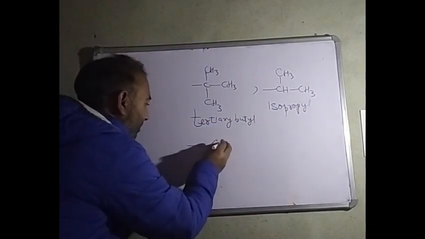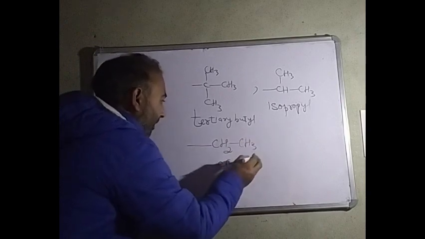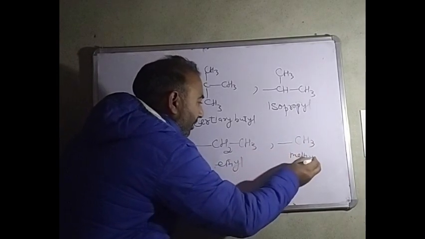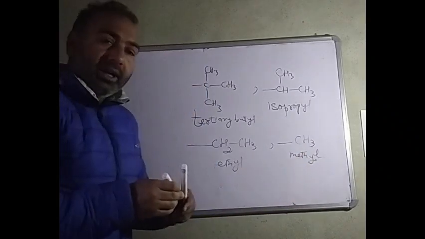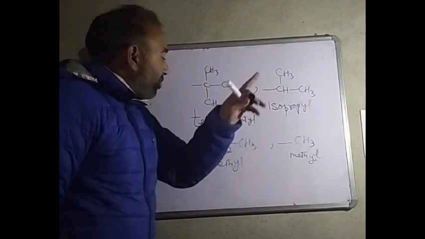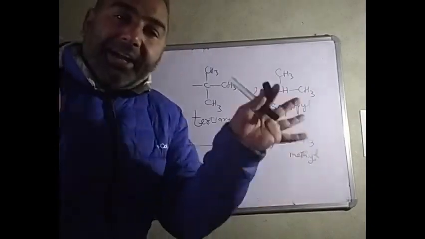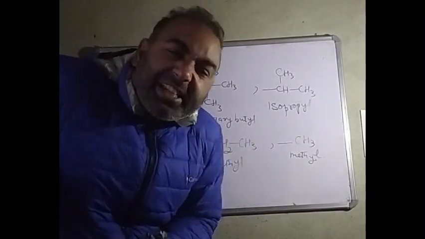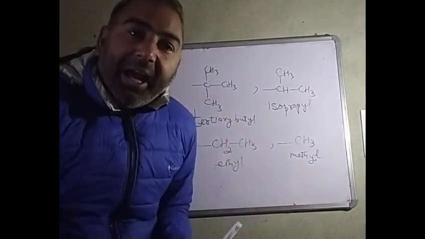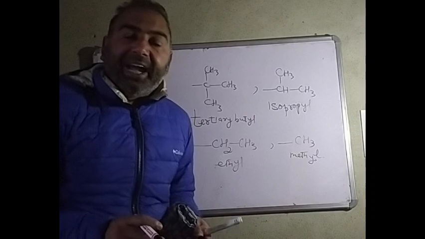Similarly, we have this, it is called ethyl. And this is called methyl. Correct. So, tertiary butyl, isopropyl, ethyl and methyl, if these groups are attached to carbon chain, they release sigma electrons towards the carbon chain, and increase the electron density in the carbon chain. And they show plus I.